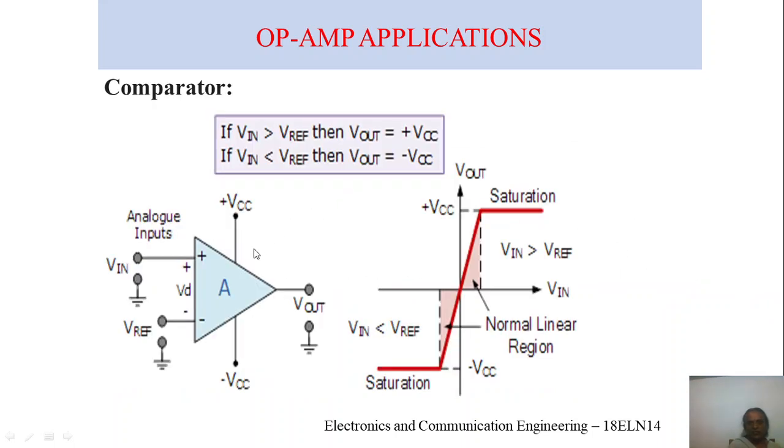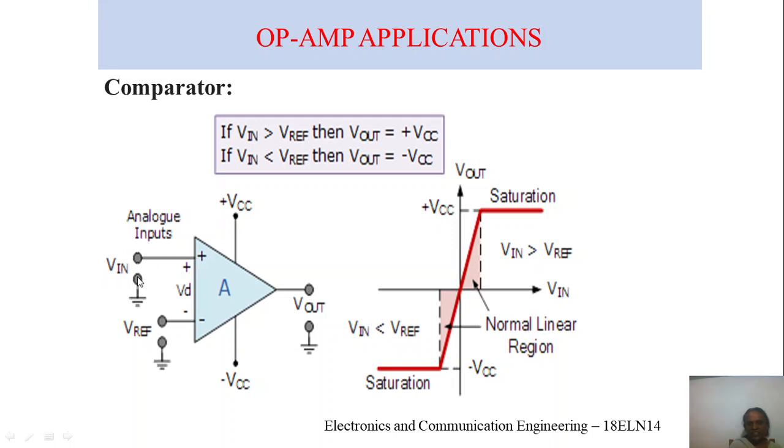Next, for example, if there are analog inputs, here Vin is applied at the plus terminal, that is the non-inverting terminal, and a negative voltage is applied at the other. Here we say Vin is greater, because this has the positive voltage.